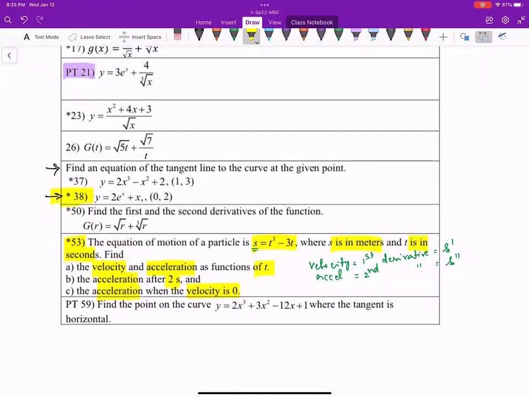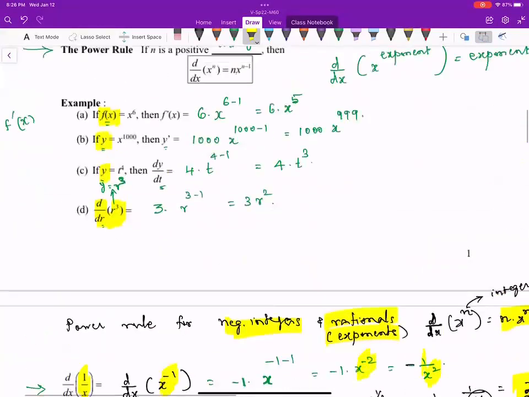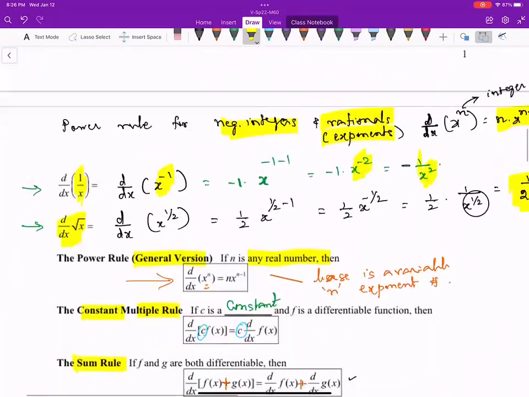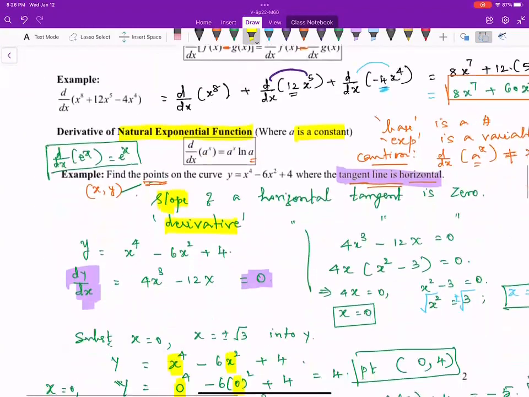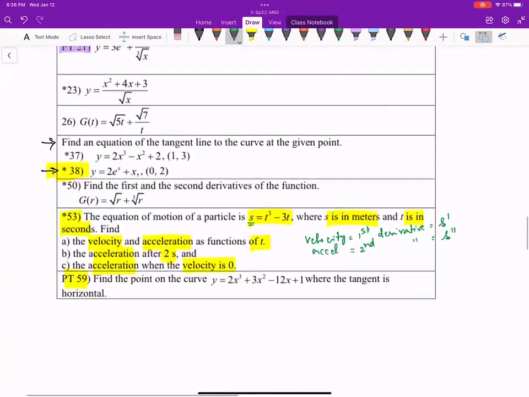If you notice practice number 59, find the point on the curve where the tangent is horizontal. We did a similar problem here in this example. Take that as a reference and do problem 59 similarly.